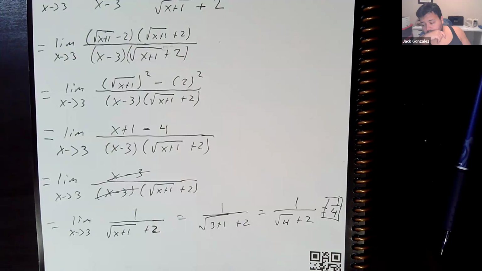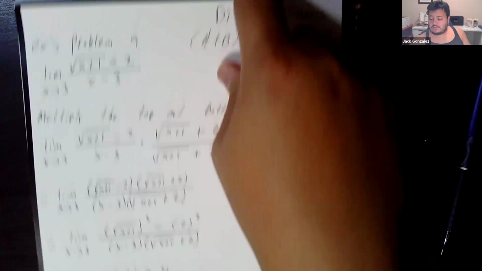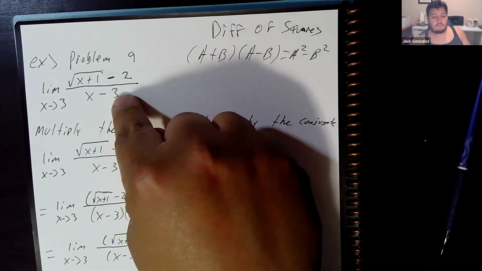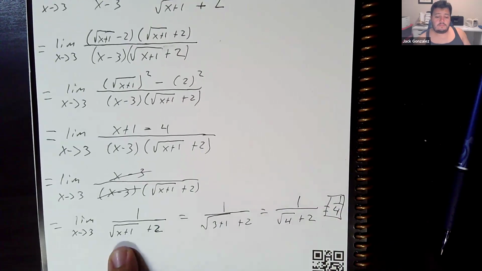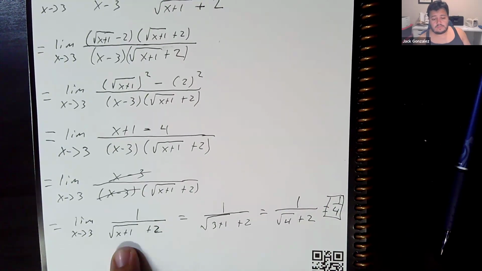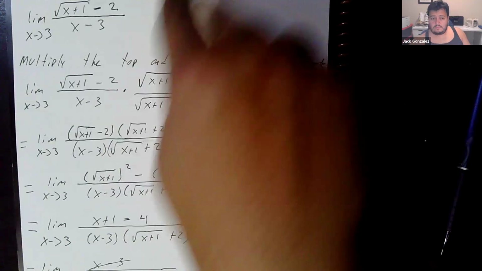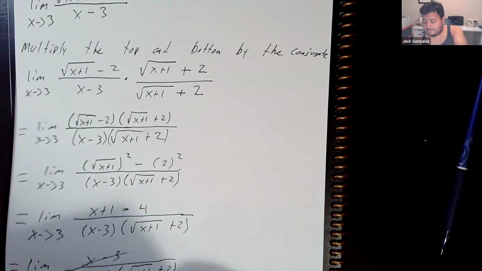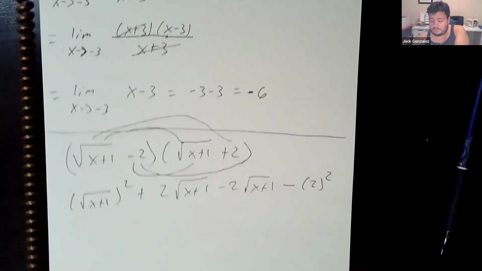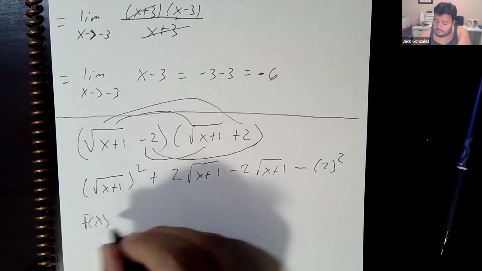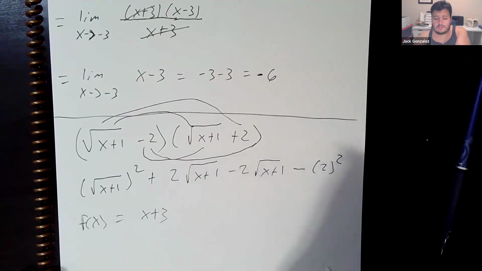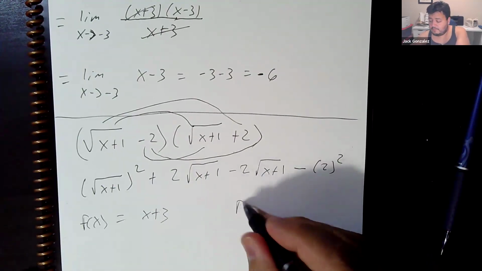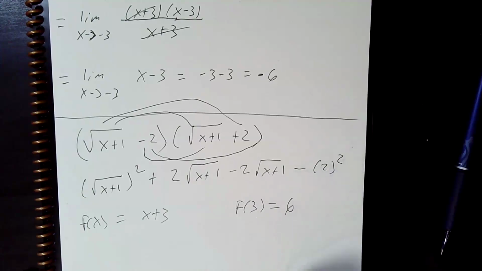Right. But 3 is technically not defined here. It's technically not defined there either, because it was originally this. I'll give you an example. If you had the function x plus 3, you agree that I can plug in 3 and get 6, right? Yes.